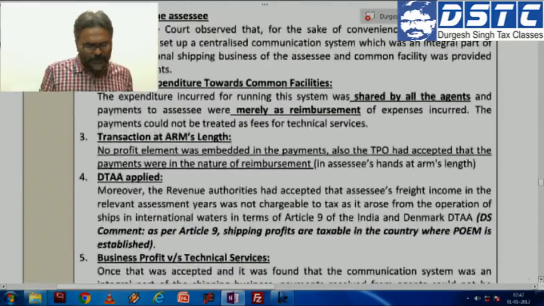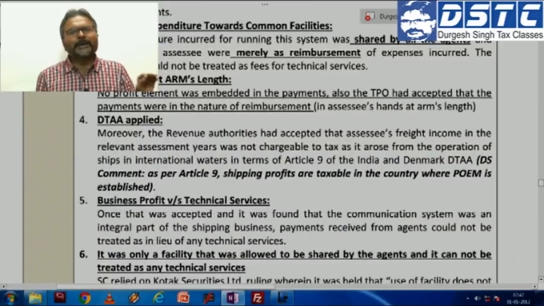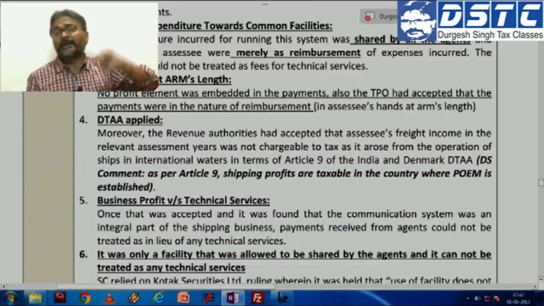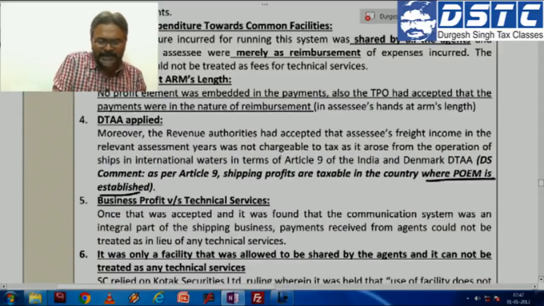On that note, DTAA was applied, and as you all know, DTAA said that if the amount is in the nature of business income, then it will be charged in the home country. Which home country? Where its POEM is established.